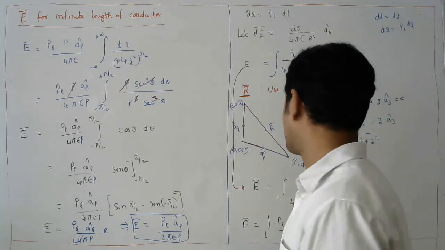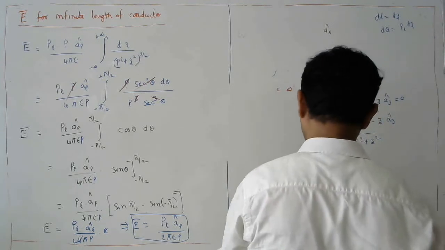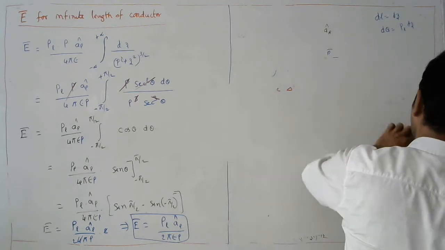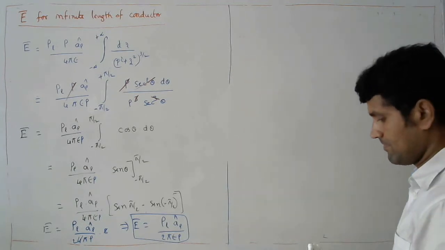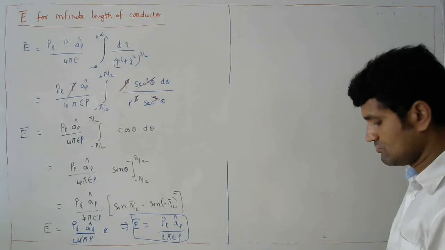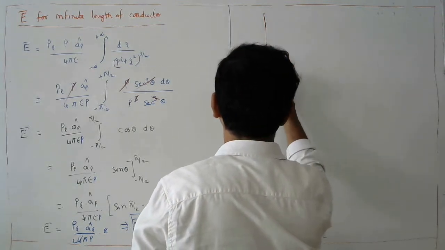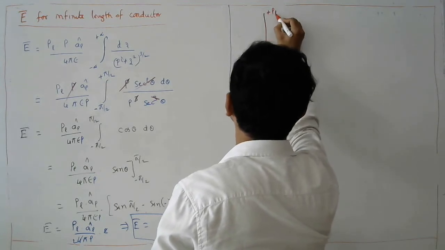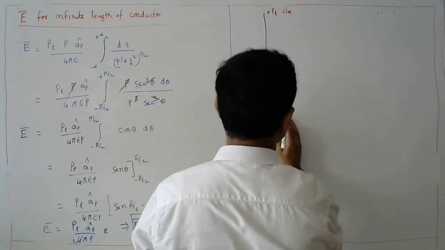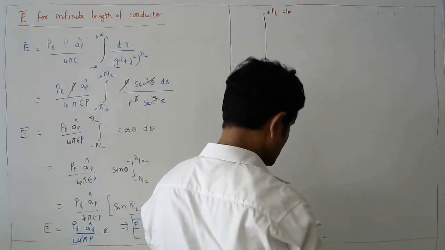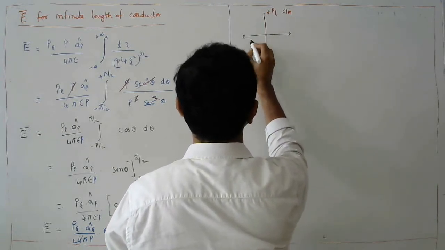So with this we can conclude: assume a conductor has positive line charge density, plus rho L coulombs per meter. Then the flux lines will move away from the conductor.